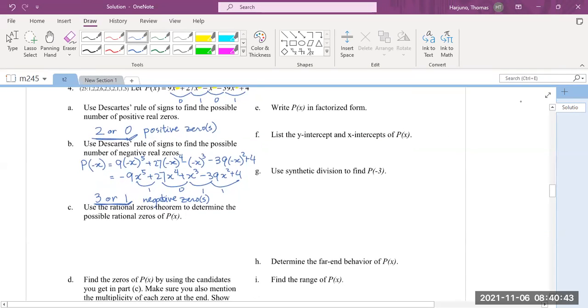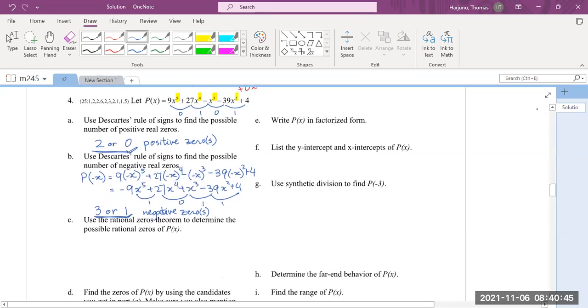Part C, use the rational zero theorem to determine the possible rational zeros of P(x). So the possible rational zeros are plus or minus the factors of the constant 4, either 1 or 2 or 4, over the factors of 9, which is 1, 3, 9, from the leading coefficient.